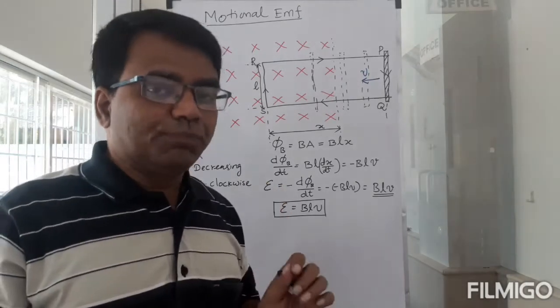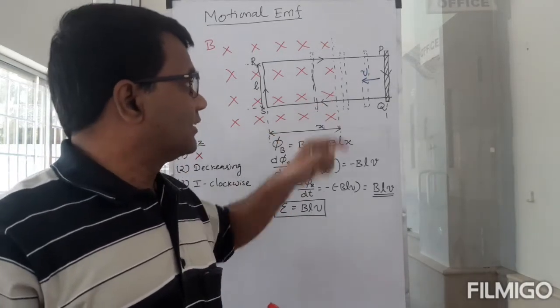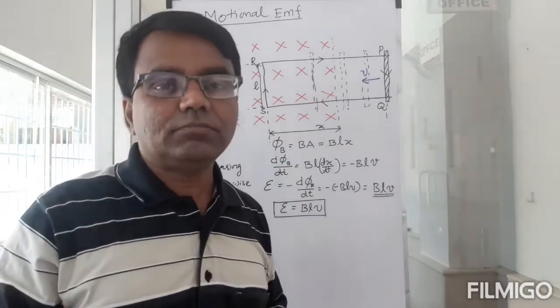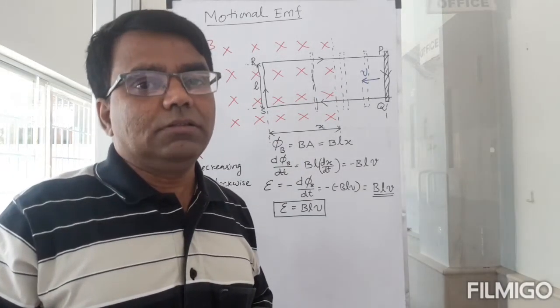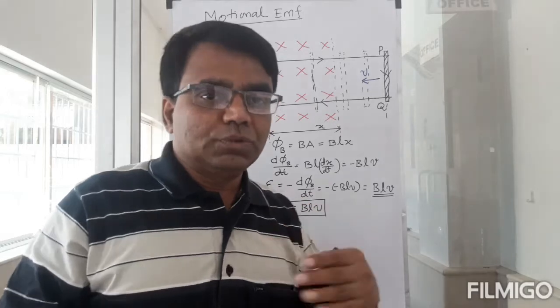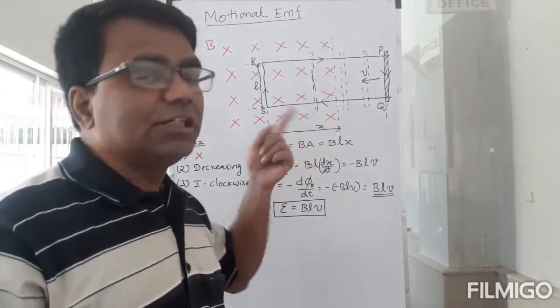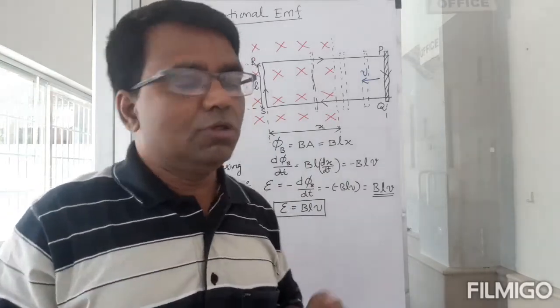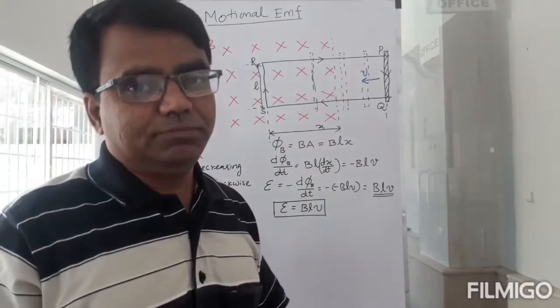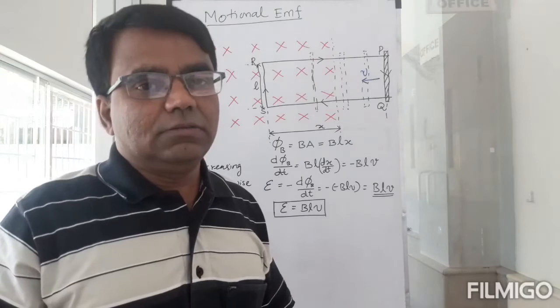In your textbook, the direction of the current is given wrongly. So when you study this in your textbook, just keep in mind that the direction in your textbook is wrong. You have to use this direction. Just keep that in mind.